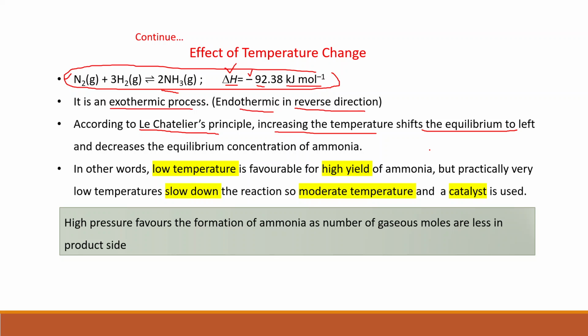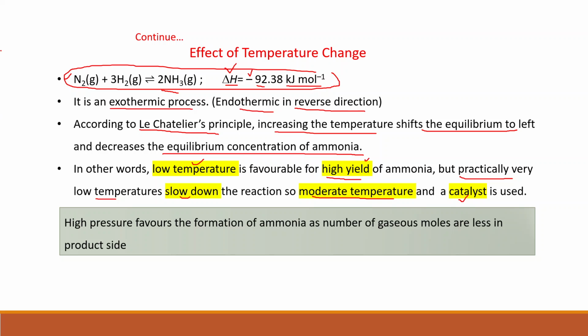So when we increase the temperature, it will go in the endothermic direction, that is to the left, the reverse direction. So there is a decrease in the equilibrium concentration of ammonia. In other words, low temperature is favorable for a high yield of ammonia. Yield means amount, a high quantity of ammonia. But practically, very low temperatures slow down the reaction, so we use moderate temperature and a catalyst.